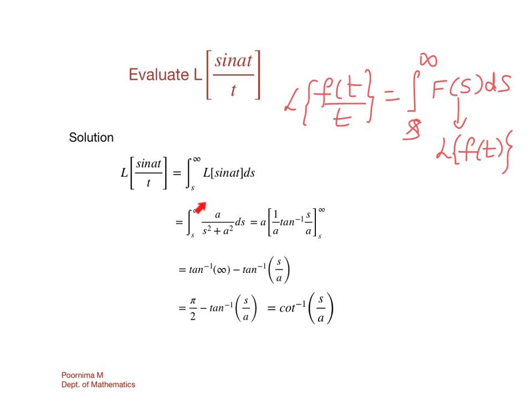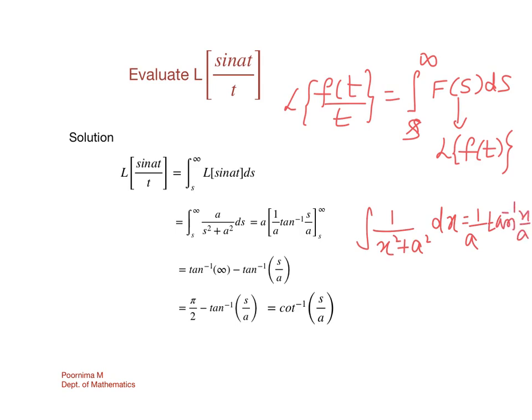Now we integrate this with respect to s. So keeping a out, it is in the form of 1 divided by x square plus a square. We know the formula: the integral of 1 by x square plus a square dx is 1 by a tan inverse x by a.